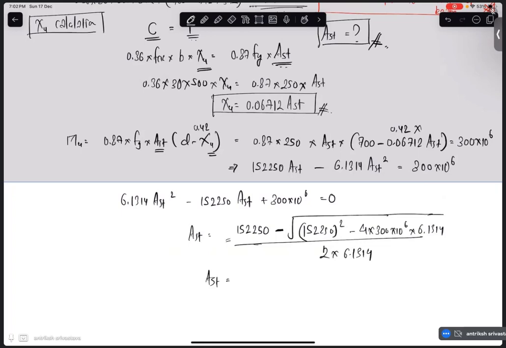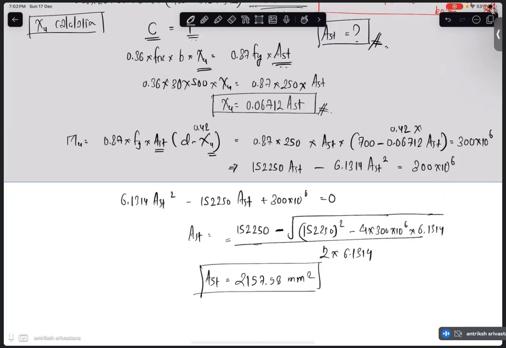Square minus. So upon simplification, you see that this value is 26. Let me divide by the denominator also and give you the final answer. The final answer is 2157.98 mm square.